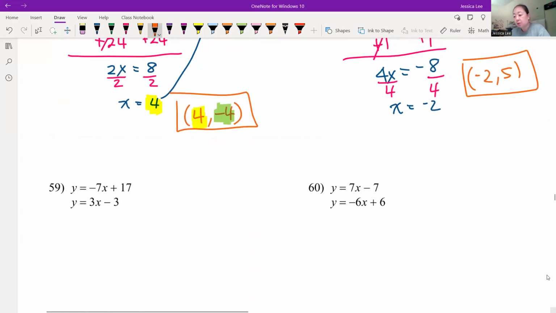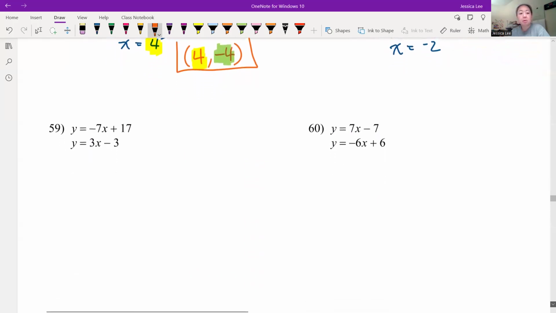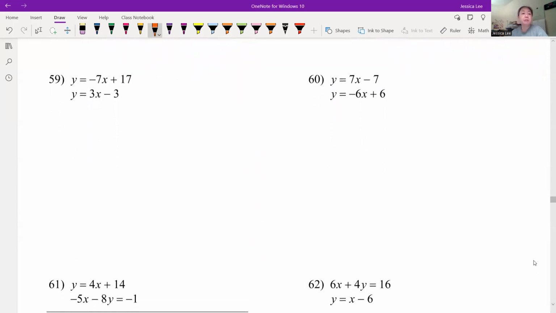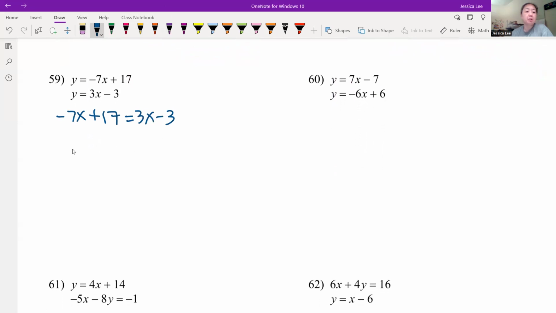Notice right here, we're going to go down. We're going to do the exact same thing for 59 and 60. So go for it. Again, we're going to set them equal to each other. Negative 7x plus 17 is equal to 3x minus 3. And I'm going to add 7x this time.